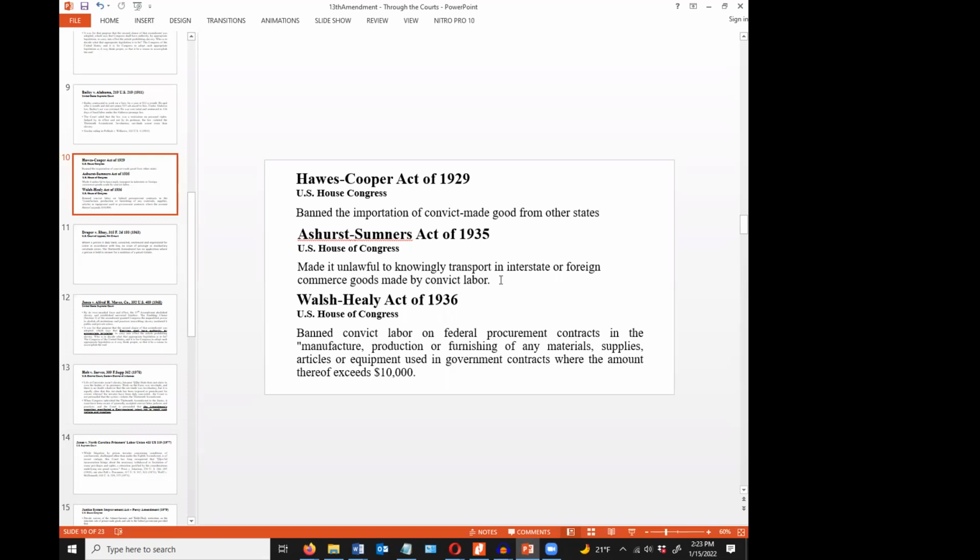And then in 1936 came the Walsh-Healey Act, which banned convict labor on federal procurement contracts in the manufacture, production, or furnishing of any materials, supplies, articles, or equipment used in government contracts where the amount exceeds $10,000.